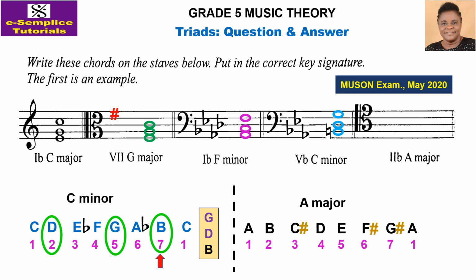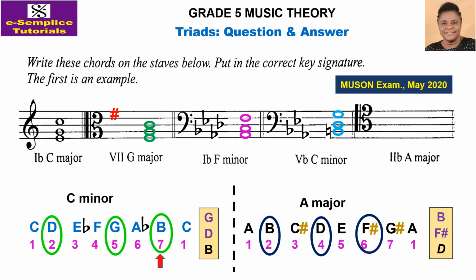We are looking for chord 2, that's supertonic chord, meaning the bass note will be the 2nd degree, the 4th degree, and the 6th degree. But we want first inversion. First inversion means D will be at the bottom, F sharp, then B.